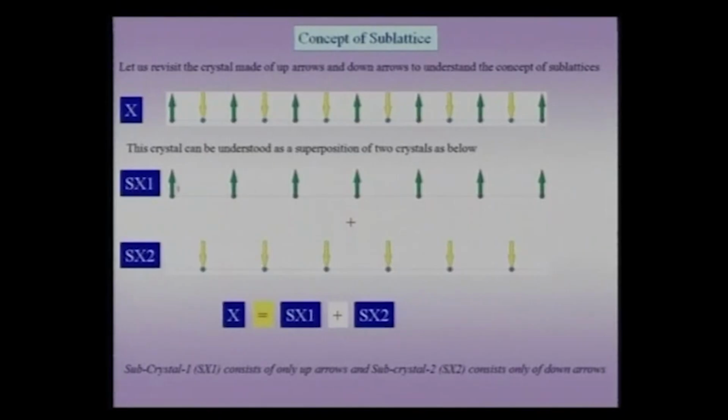So subcrystal 1 can itself be described as an up arrow sitting on these brown points, which is itself a lattice. In other words, the crystal X, which was the original crystal, can be thought of as a superposition of subcrystal 1 and subcrystal 2, and obviously the origin of subcrystal 2 is shifted with respect to the origin of subcrystal 1.